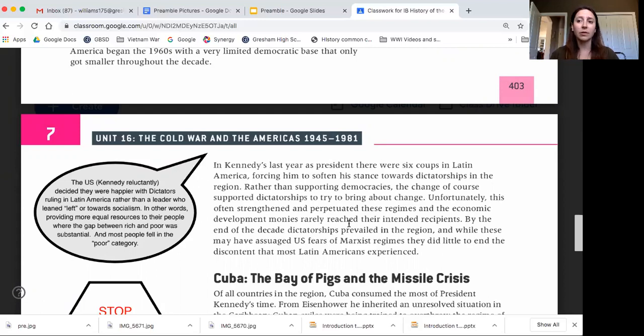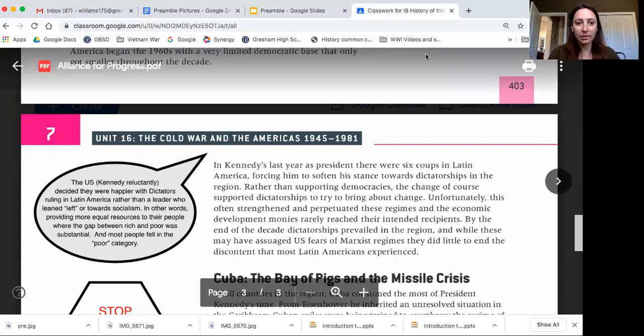Because to them, that sounded like communism. Even if it wasn't strict communism, the United States much preferred a dictator in rule. And so you'll see here that during Kennedy's rule and other presidents', there were several coups in these countries, with different leaders taken out. The CIA took out leaders in Latin America. So a lot of craziness.